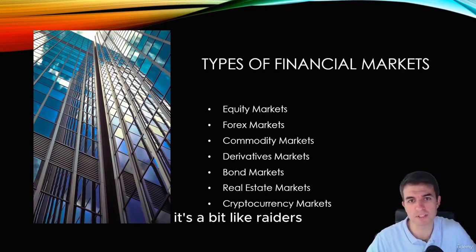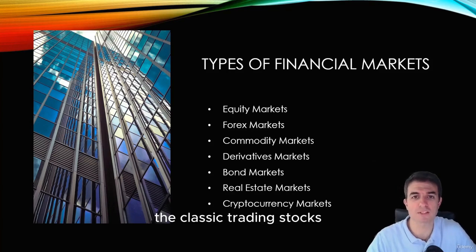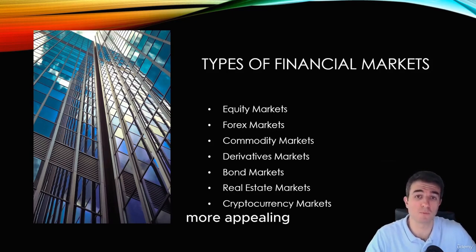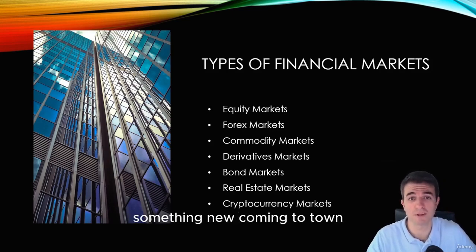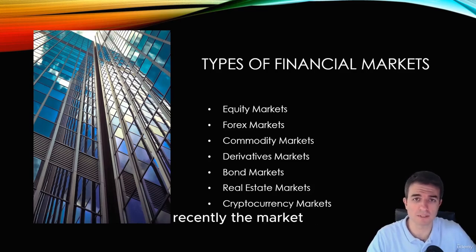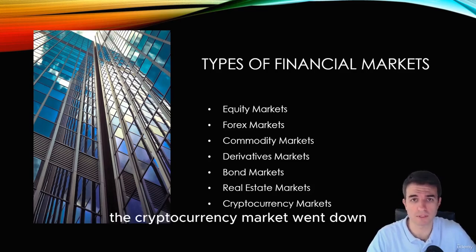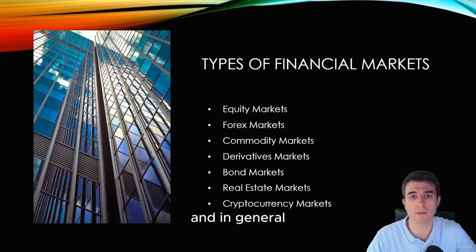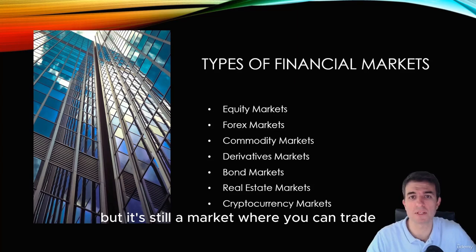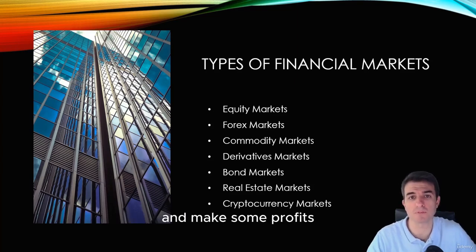To be honest, it's a bit like traders got bored with the classic trading, stocks, Forex, and so on. Then came cryptocurrency and it looked more appealing, something new coming to town, and they started trading. Unfortunately, recently, the cryptocurrency market went down in general. So it's not the hype anymore, but it's still a market where you can trade and make some profits.